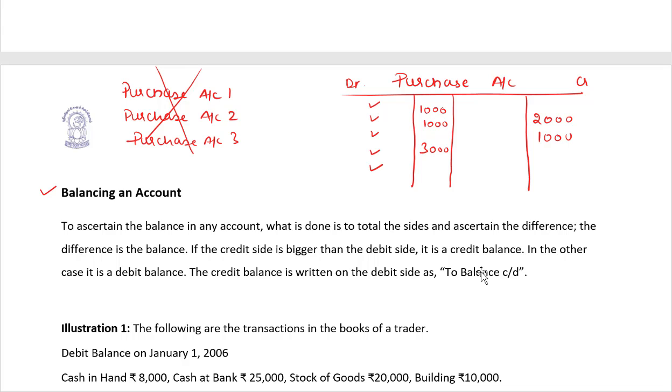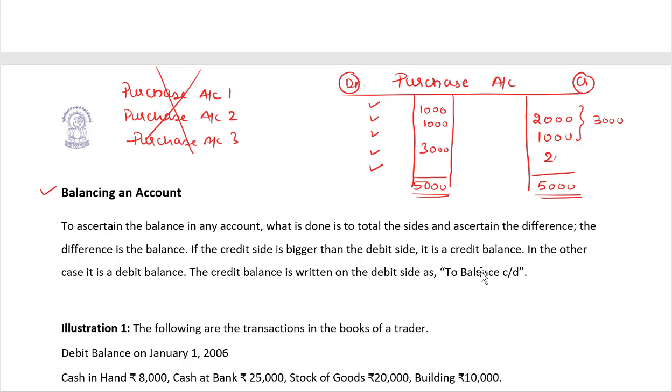First of all, we should see which side, debit or credit, has the bigger total. So 1 plus 1 plus 3 equals 5 over here, and 2 plus 1 equals 3. So the bigger total is 5000 and this total is only 3000.